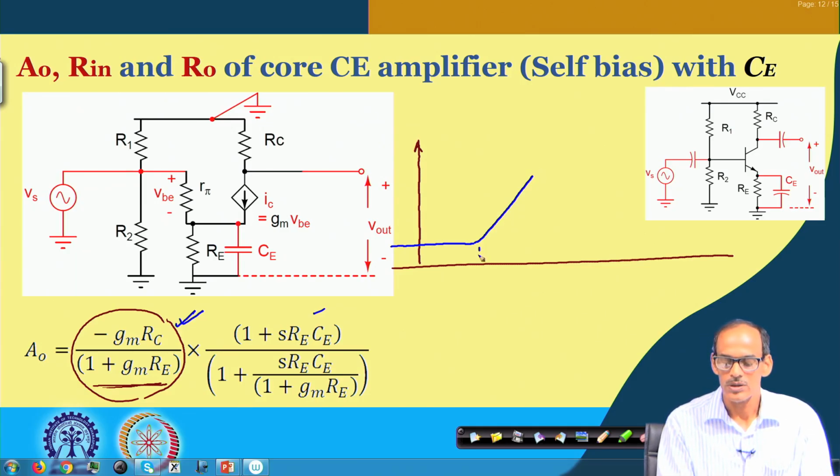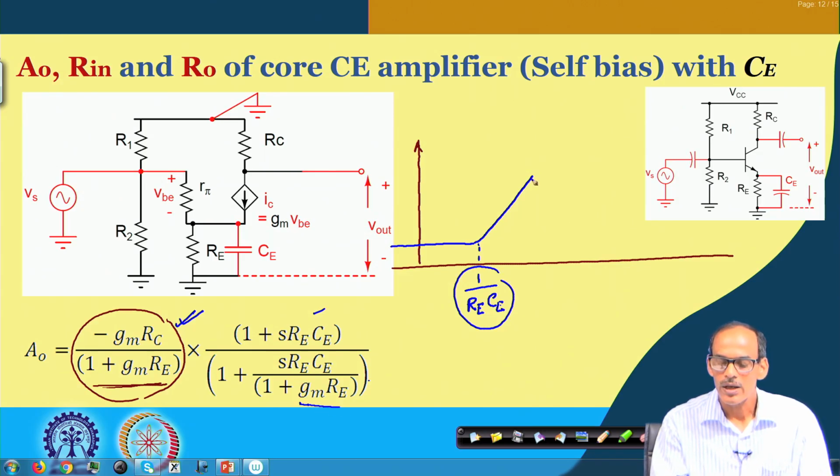The corner frequency here is 1 by Re into Ce. Then, looking at the denominator part, at some higher frequency, which is 1 plus Gm into Re divided by Re into Ce, we have a pole.